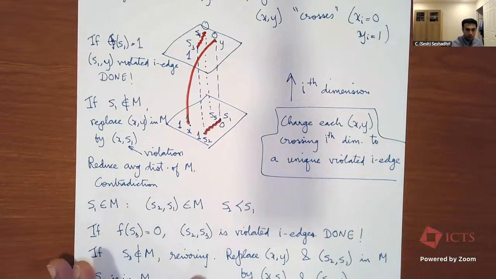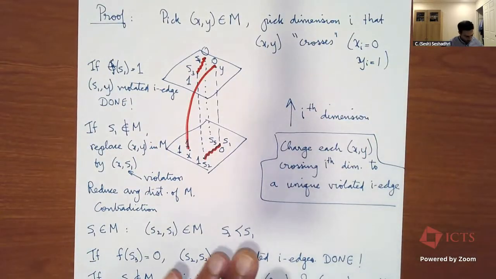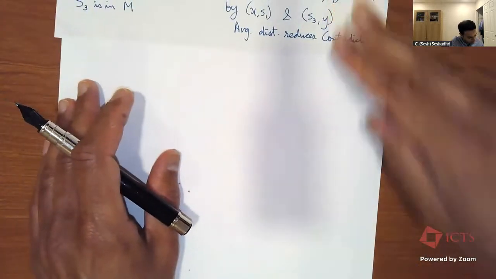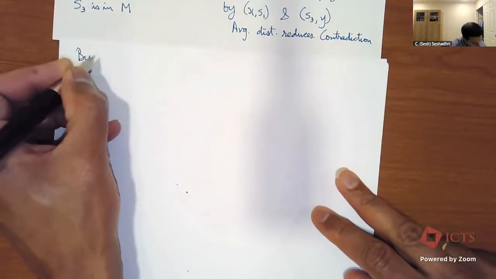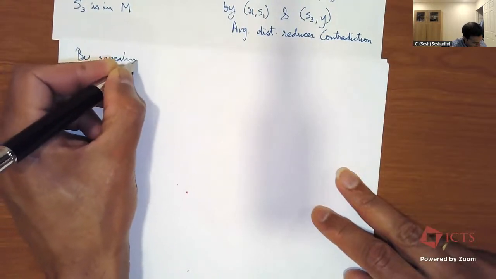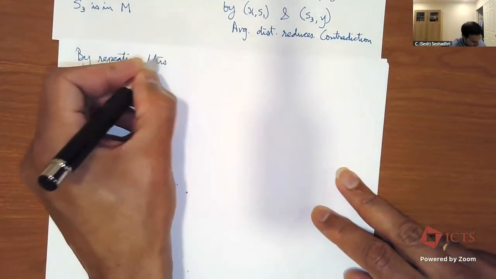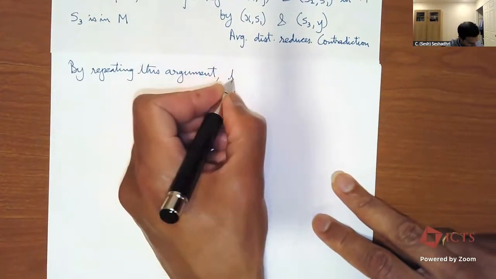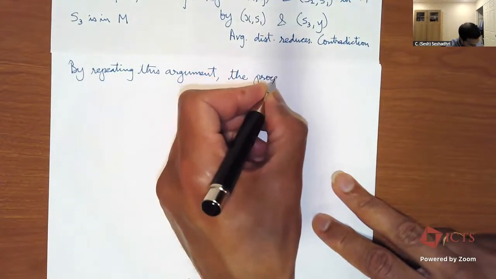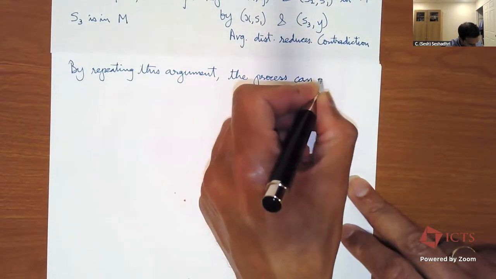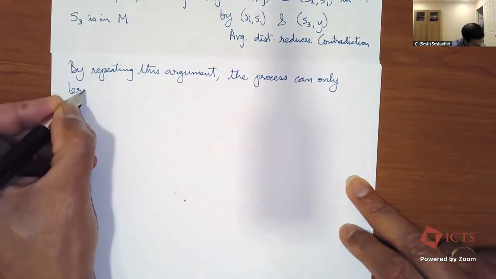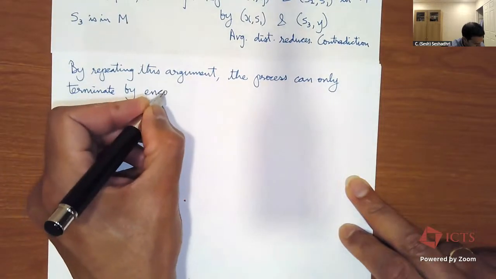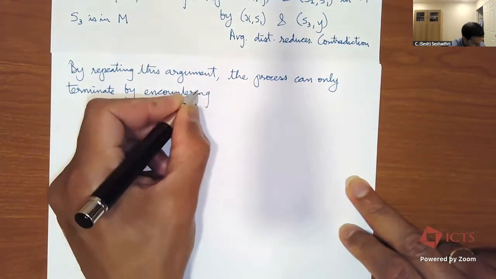Okay? So let me write out a few things and then I'll come back and summarize. So what happens is by repeating this argument, the process can only terminate by encountering a violated edge.